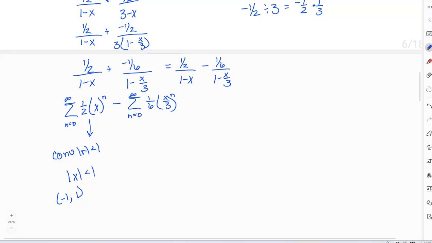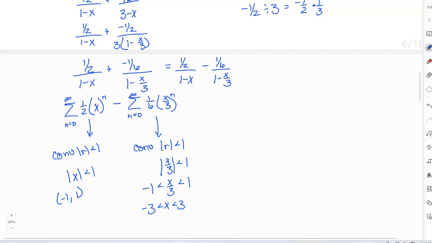That second one, 1/6 times x over 3 raised to the n, is geometric and converges if the absolute value of r is less than 1. And my r is x over 3, so x over 3 has to live between -1 and 1, or -3 is less than x is less than 3.